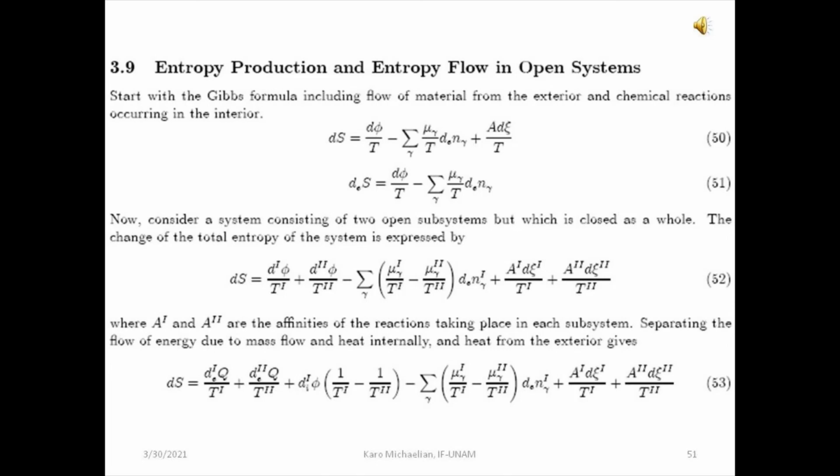And the final two terms are just the final two terms of equation 52. Again, they represent the flow of matter from 1 to 2 or 2 to 1, and the chemical reactions which are occurring in system 1 and system 2.